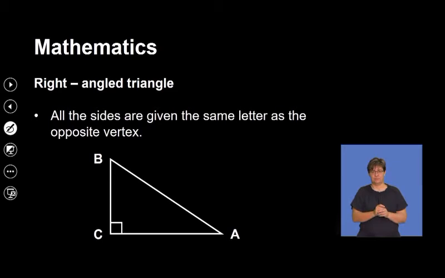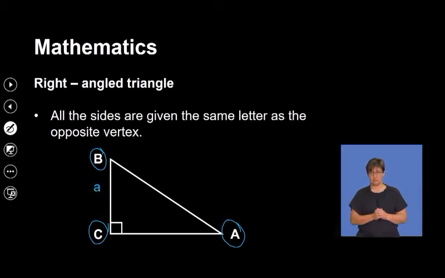Also, remember that all sides are given the same letter as the opposite vertex. So meaning the side opposite A will be given a lowercase a. The side opposite B will be given a lowercase b. The side opposite C will be given a lowercase c.